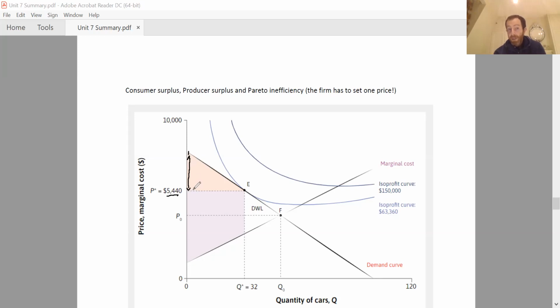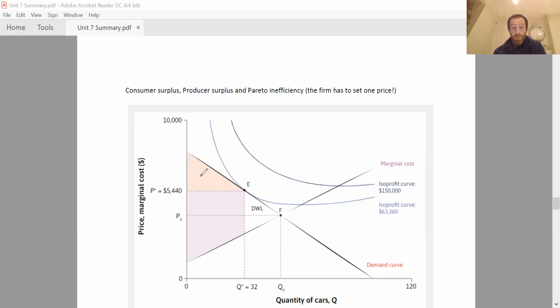And if we go to the second consumer, they would have been willing to pay, again, a much higher price. And as we move along, every unit of output that's being sold, the person buying it would have been willing to pay more. So they all feel like they're making a saving. If we work out this area here, that represents the total saving or surplus these consumers feel like they are making. And that's what we mean by consumer surplus.